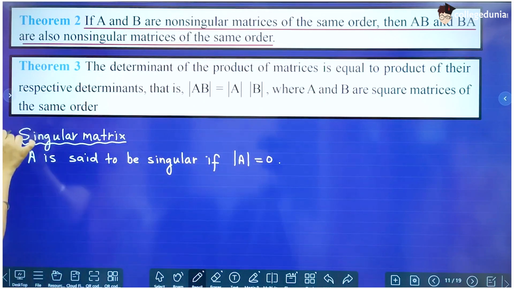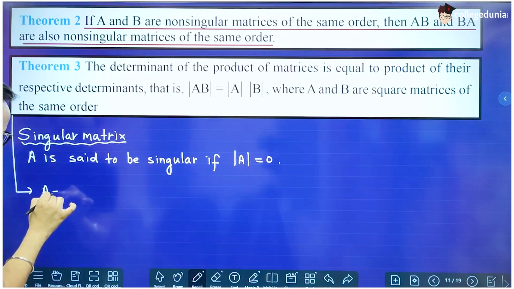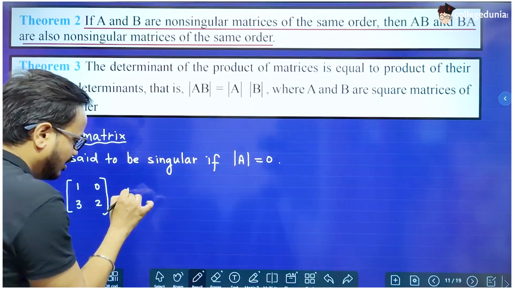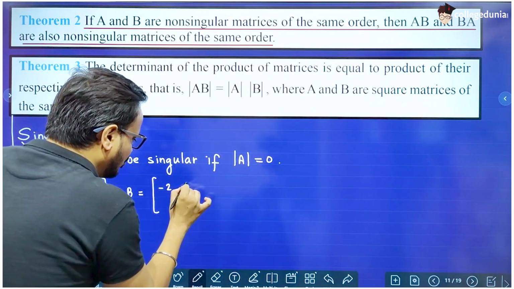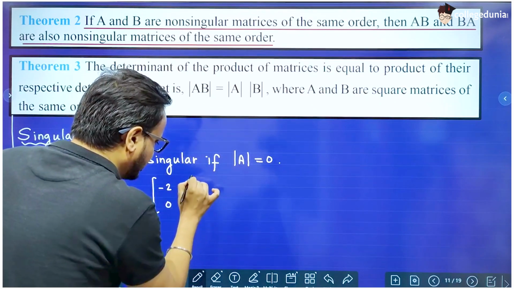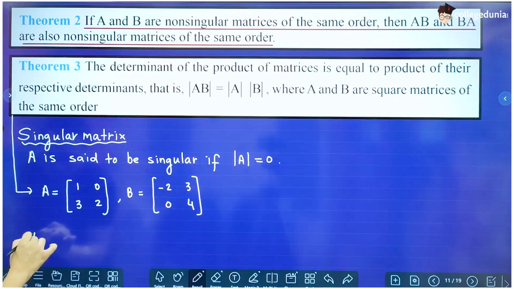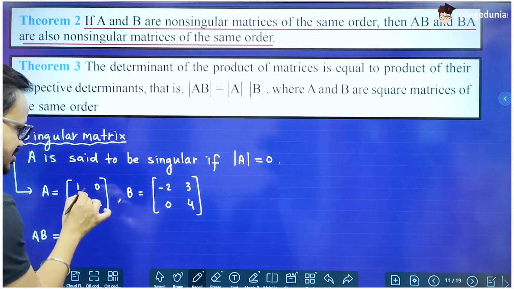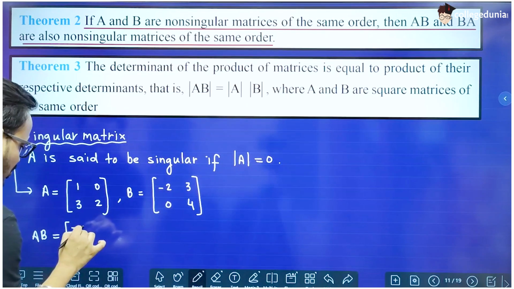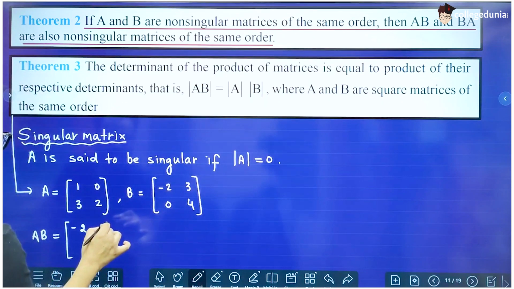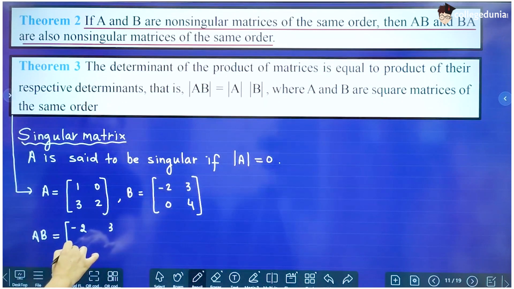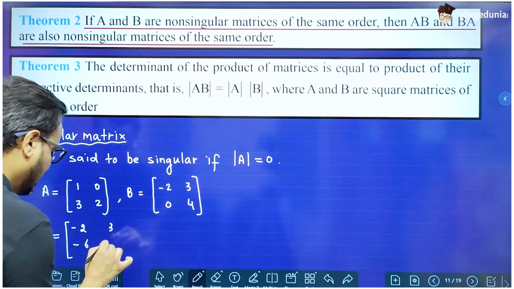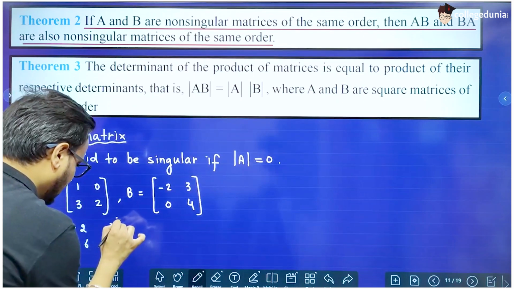Or we can take an example to prove this. Let's say we have a matrix A, 1 0 3 2, and there is another matrix B, minus 2 3 0 4, let's say, right? So what is the product of A and B? That is AB, which is 1 into minus 2, the rest is 0, 3, minus 6 and 3, 9 plus 8, 17.